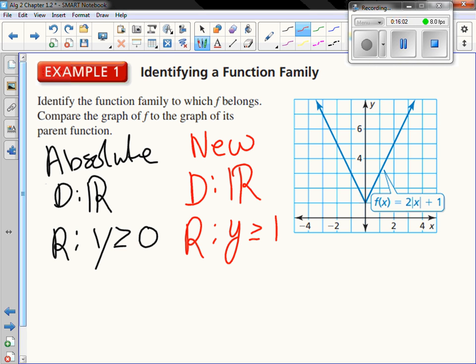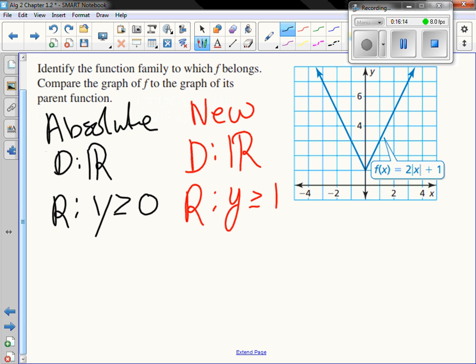Now on the homework, it's going to have you fill this stuff in. It will have little boxes you drag and drop. The other thing it's going to ask about is the transformation: how it changed from the absolute value of x to this here. So there are two things that are different. What is one of them?